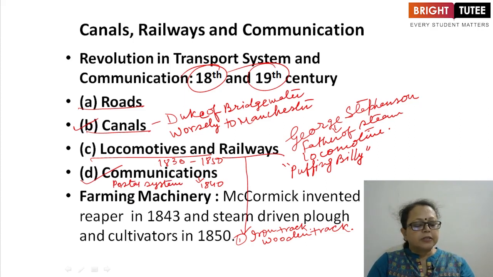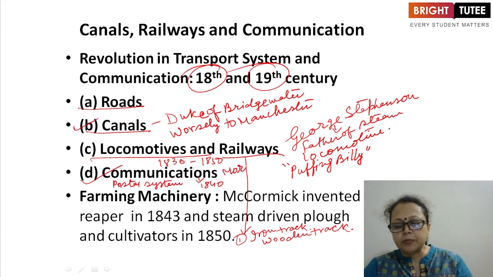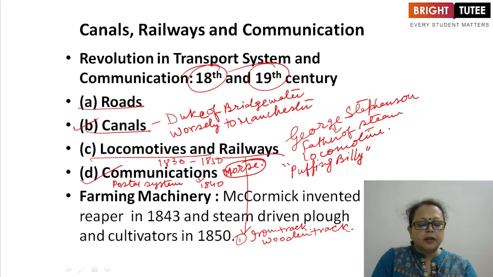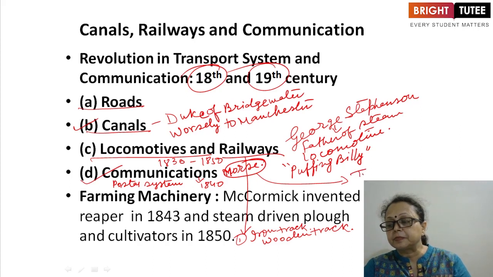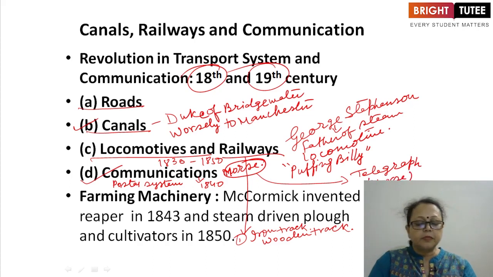The communication by electricity was a great invention of this period. In 1839, Morse, M-O-R-S-E, invented the telegraph. This was done with the use of electricity, a great invention by Morse.